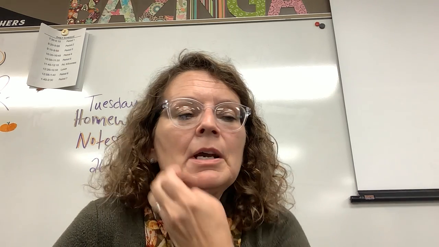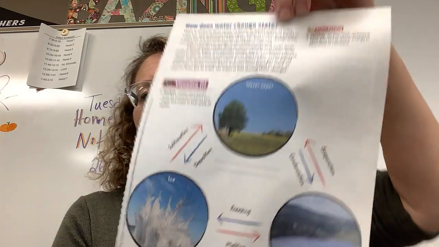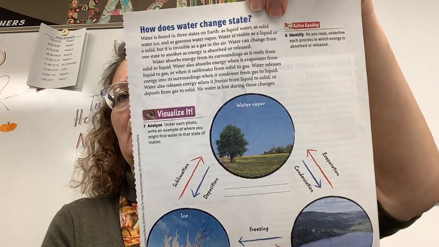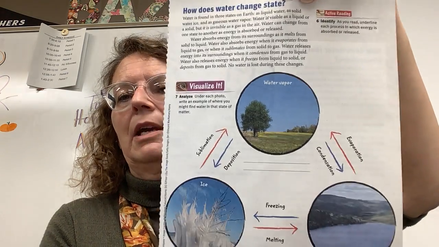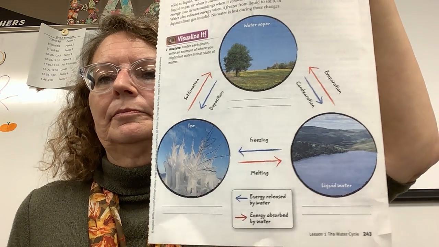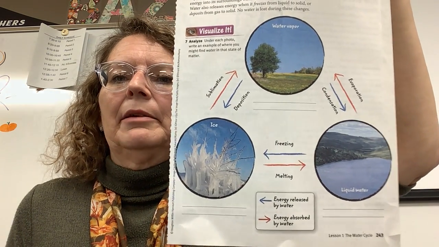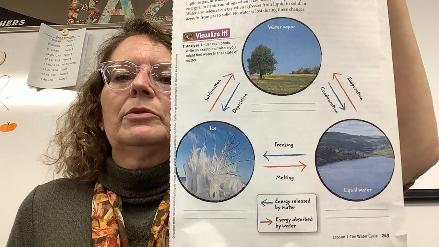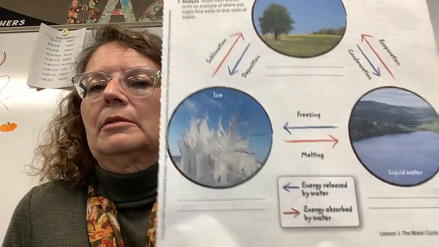So what we're going to do is I've attached a document to the Google Classroom. I want you to read through it, okay? And then, do you see the key on the bottom? This key on the bottom, the blue arrows would be where energy is being released.